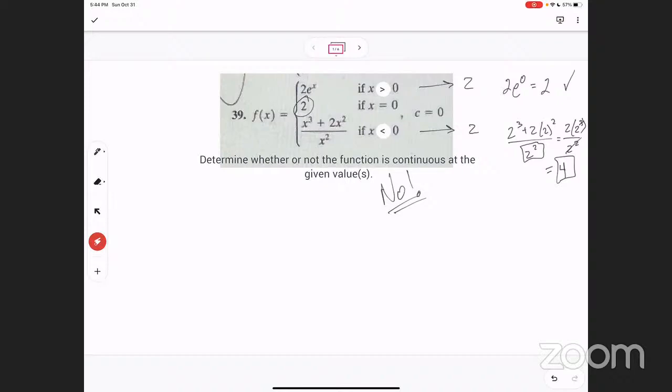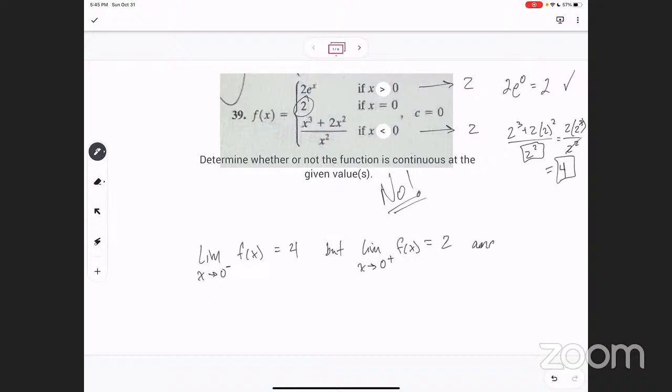Because we kind of have to write out statements in terms of limits for whether it's continuous or not. So you would say the limit as x approaches 0 from the left of f of x equals 4, but the limit as x approaches 0 from the right of f of x is 2.